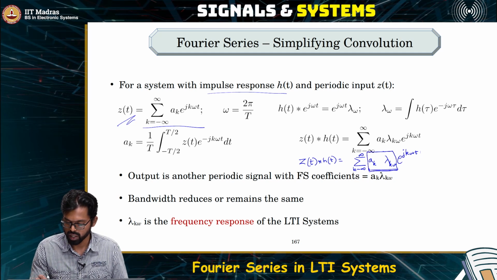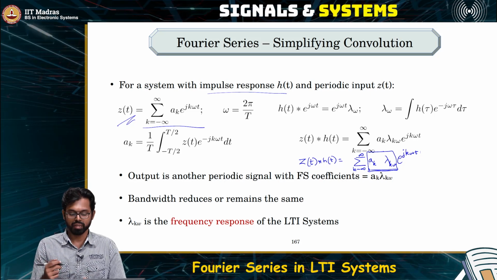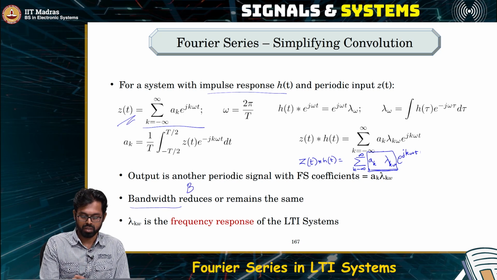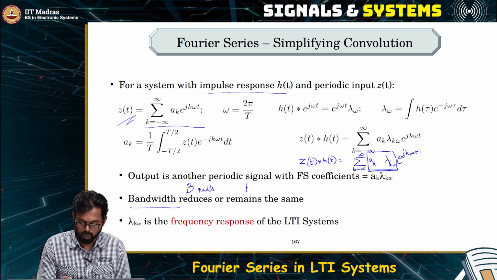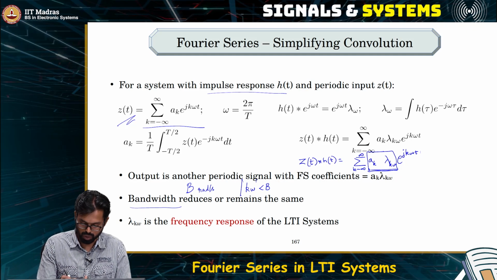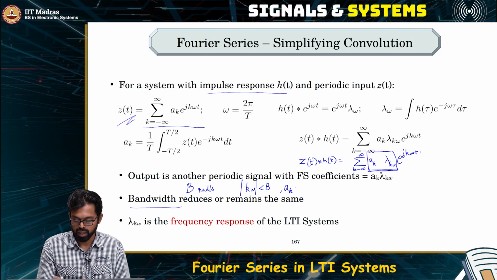If I have a non-zero A_k, when will I have a non-zero A_k? If I know that the bandwidth of the system is some B radians per second, then |k omega| should be less than B. Only then the corresponding A_k will be non-zero.